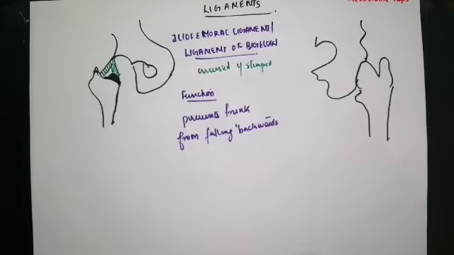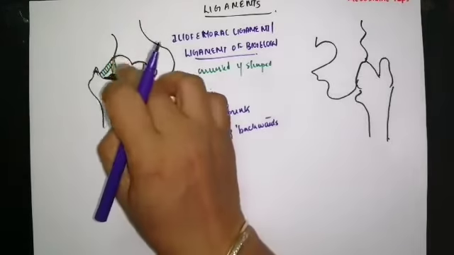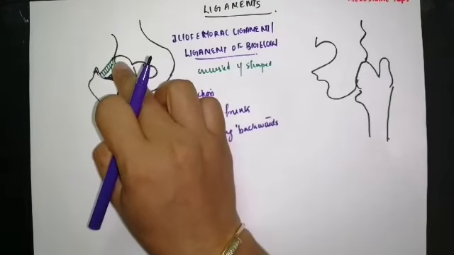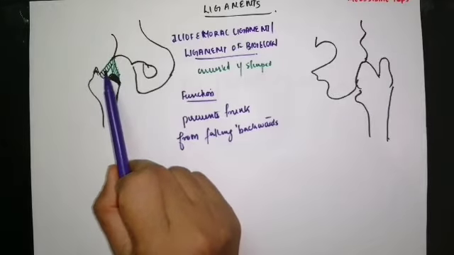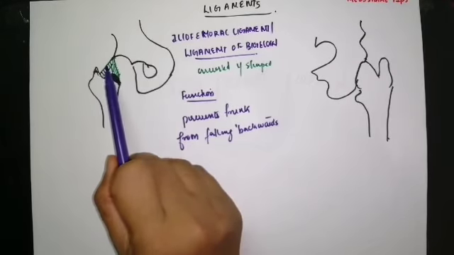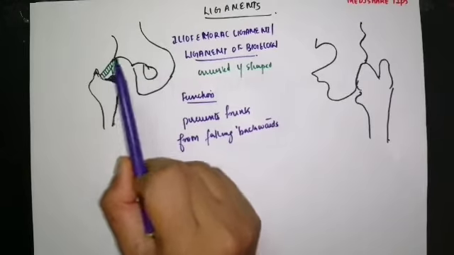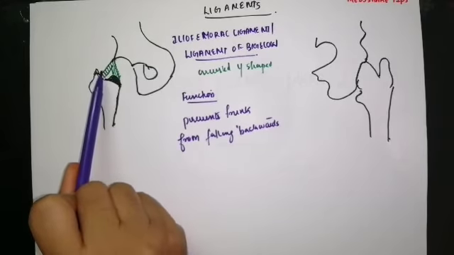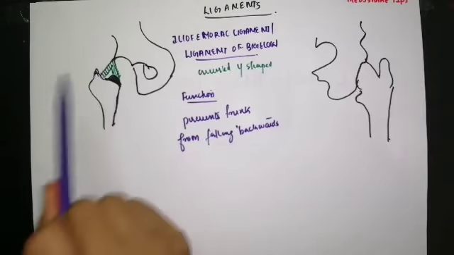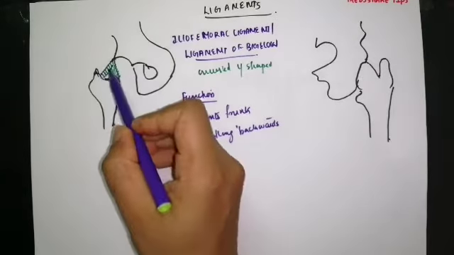So that is the function. You can see that the ligament is also triangular in shape. It consists of an upper oblique fiber and a lower vertical fiber. This is the lower vertical fiber, this is the upper oblique fiber, and the middle fibers are very thin.